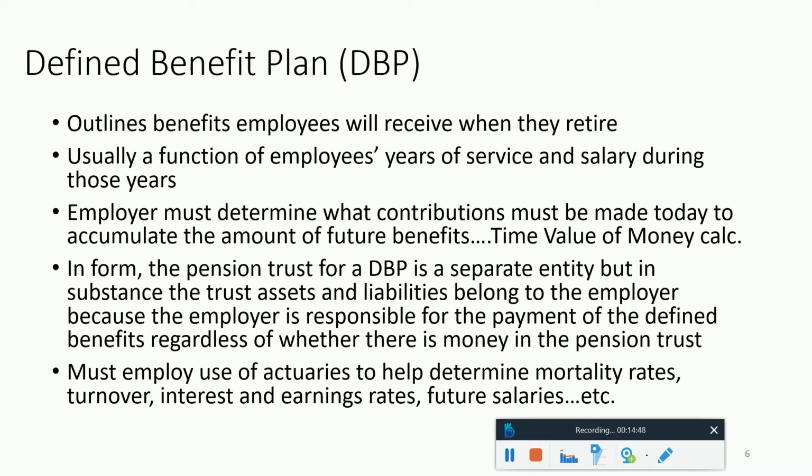What's their future salary going to be? What are interest rates going to be? How well is that pension asset going to grow, going to accumulate in value over time? So there are so many variables that have to be taken into consideration, which is one of the reasons why pension plans, defined benefit plans, are so challenging to account for.